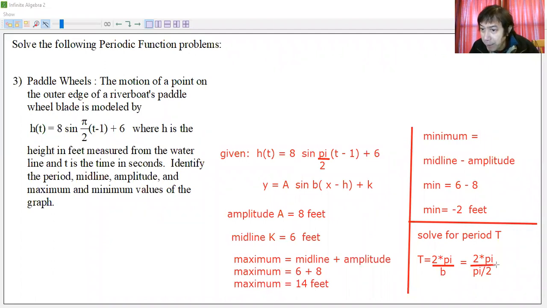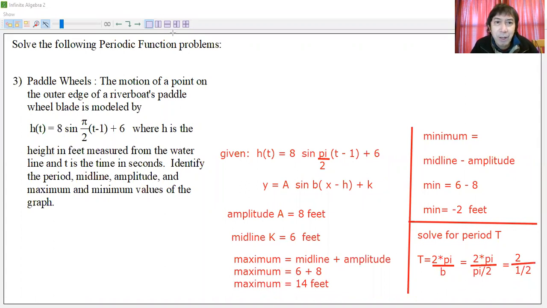The pi and the pi cancel out, and we'll be having 2 divided by 1/2. 2 divided by 1/2 is 4.